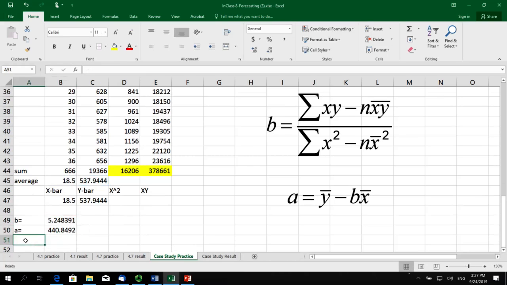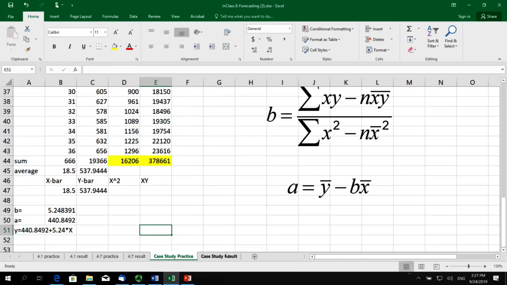So now we get our y value equals A, it is 440, and 0.8492 plus 5.24, and times x. So this is the prediction equation.